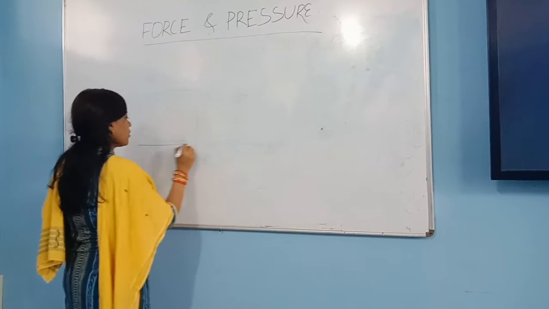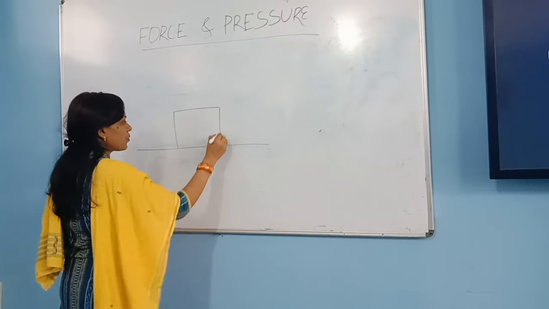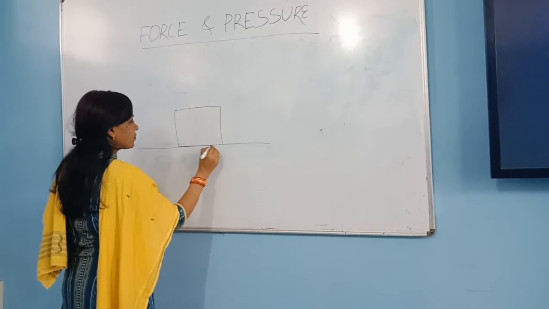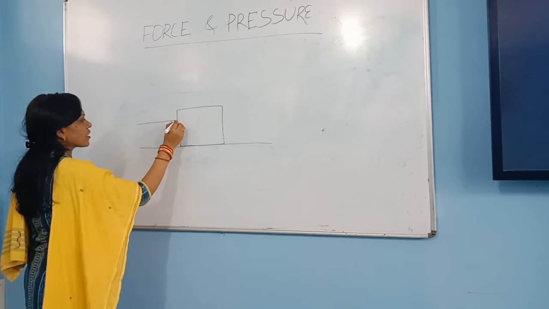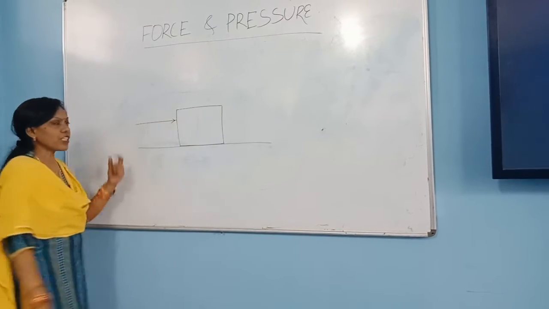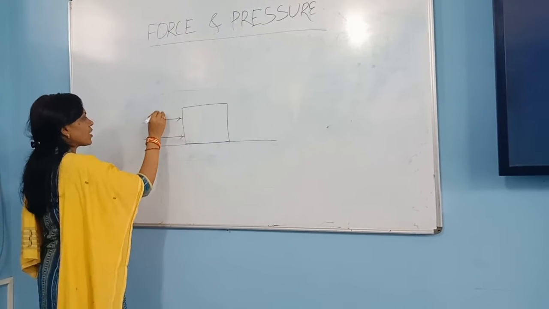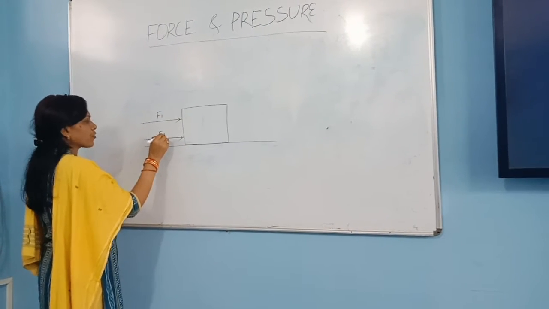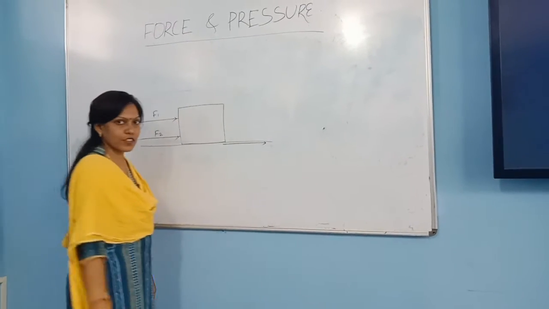Suppose a heavy box is placed on a table. Here two applied forces or external forces are given on this box. These forces are named F1 and F2. Then the box moves in the forward direction.